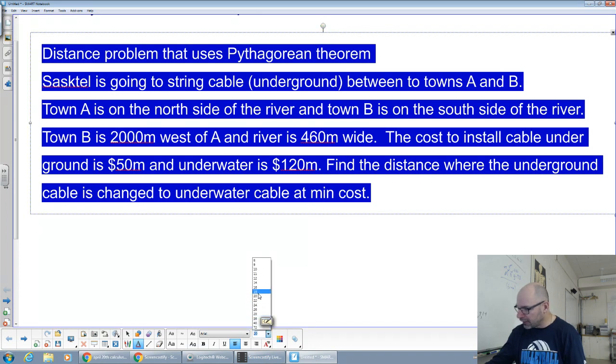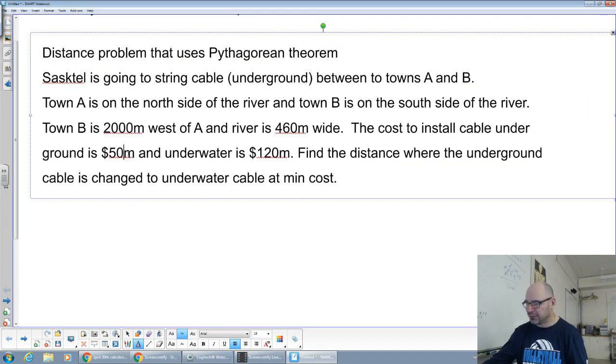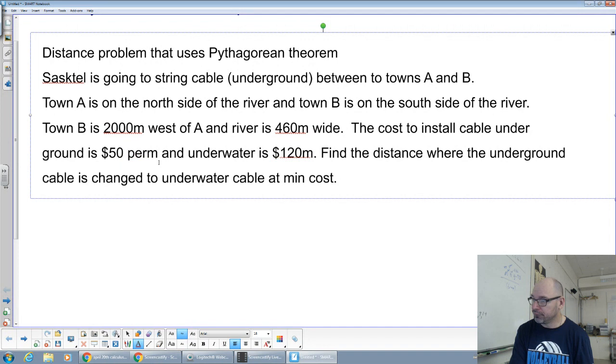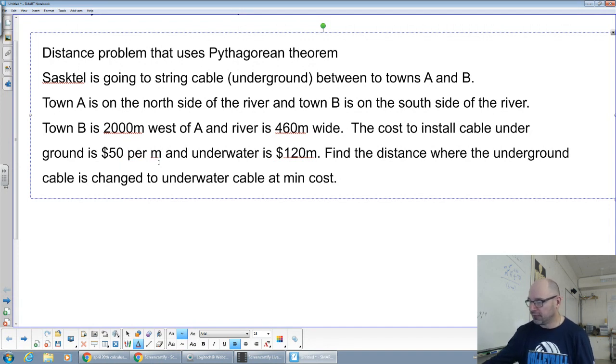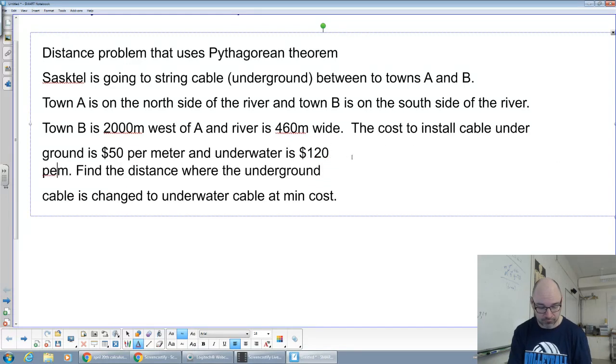So I'm letting you write that down. Change that a little bit smaller. See if I can put per meters in here. There we go. Per meter. That looks better.